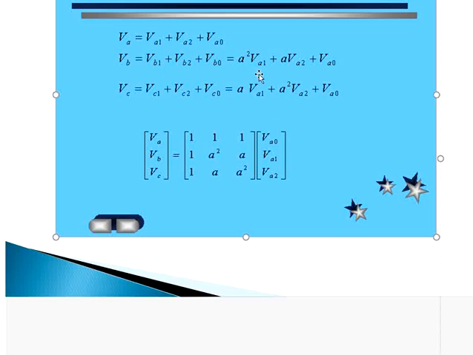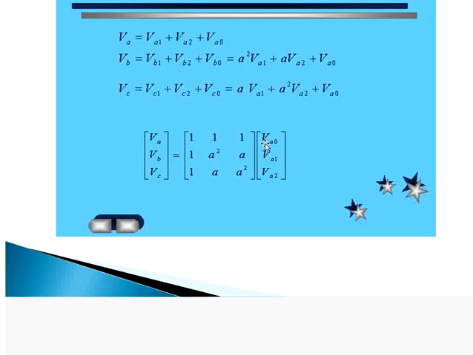The same for VC also. The third row will represent my VC. So it is 1 into VA0. Remember, VA0, VB0, VC0 are equal. VC1 is equal to VA1 into A, and VC2 is equal to A square into VA2. The same has been represented here.